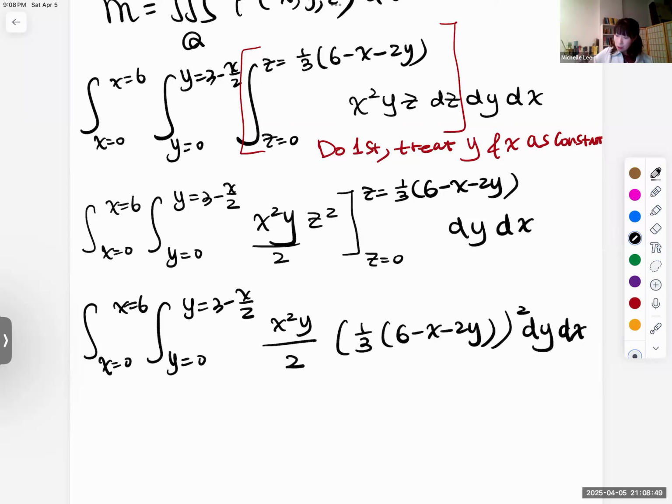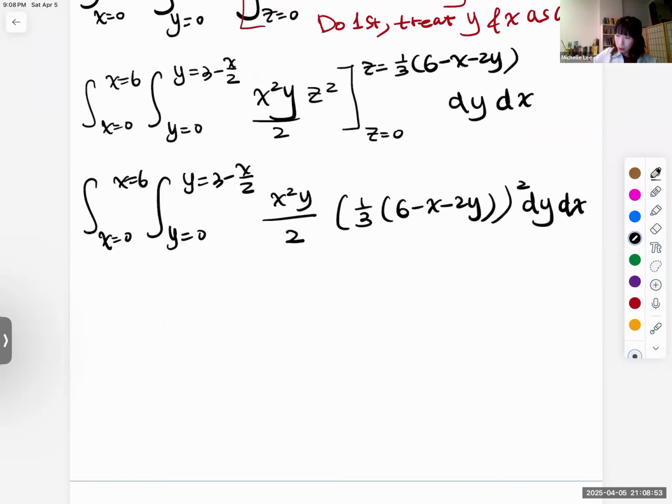Okay, let's make a note. There will be 1/9 because we squared it, and that means (6 minus x minus 2y) times (6 minus x minus 2y). Now we can distribute everything.